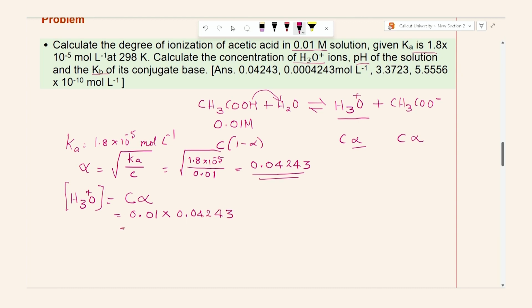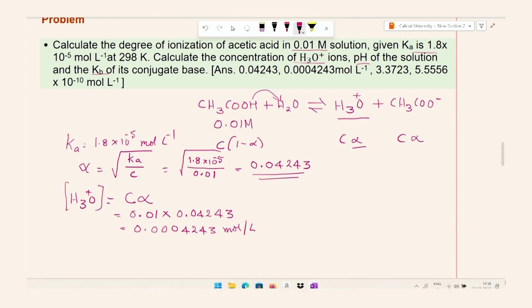That will be equal to 4.243 into 10 to the power minus 4 moles per liter. That will be the answer. So, we got the value of H3O plus.